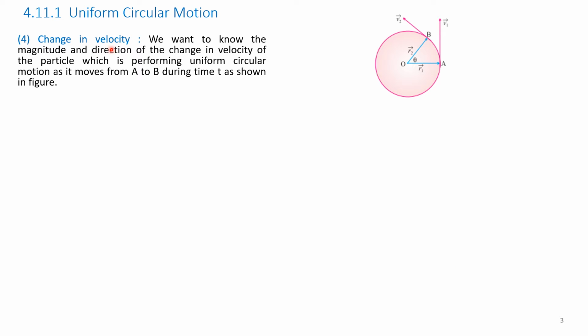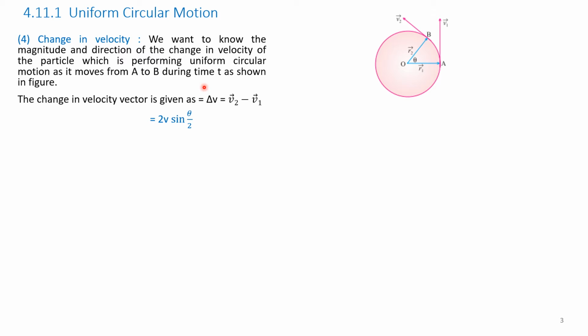Change in velocity. We want to know the magnitude and direction of change of velocity of the particle which is performing uniform circular motion as it moves from point A to B during the time t as shown in the figure. The change in velocity vector is given as delta v is equal to vector v2 minus vector v1.